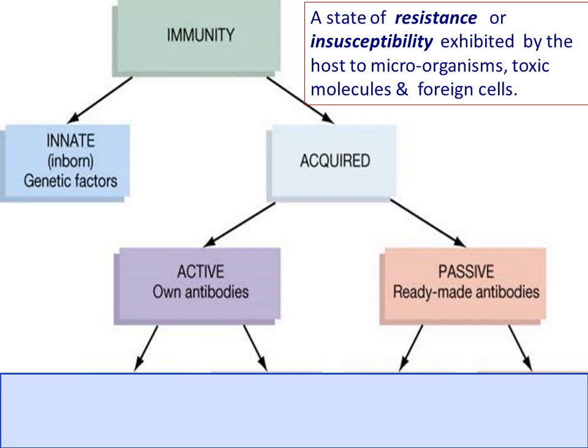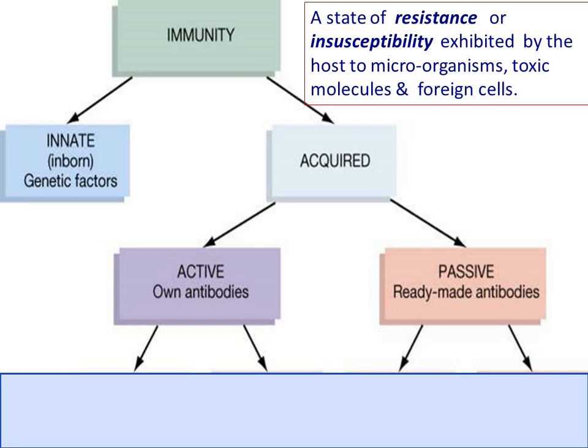So the immunity can be classified into innate immunity and acquired immunity. And again, acquired immunity would be divided into active and passive immunity. Before going further, we have to know the definition of immunity.